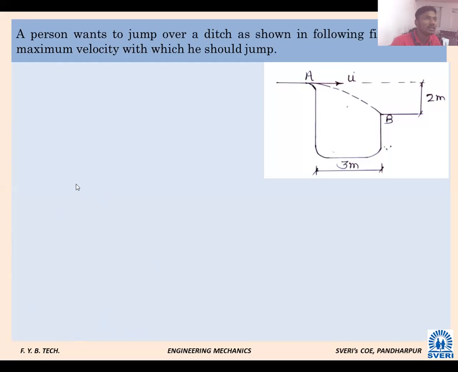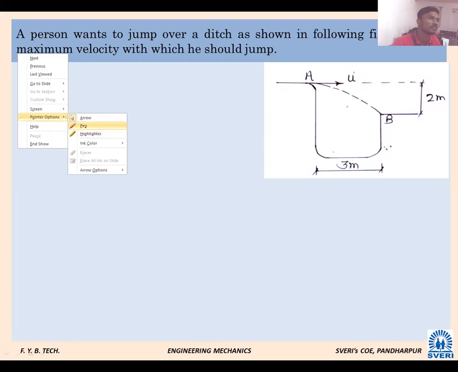What is the problem? Problem statement is what? One person wants to jump over a ditch. As shown in the following figure, find the maximum velocity. Actually, I am confused by this word, maximum. Why is it called maximum? It should be minimum, no? I don't know why it is given as maximum.